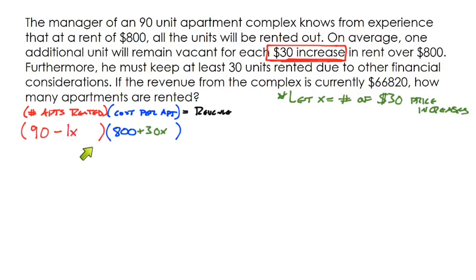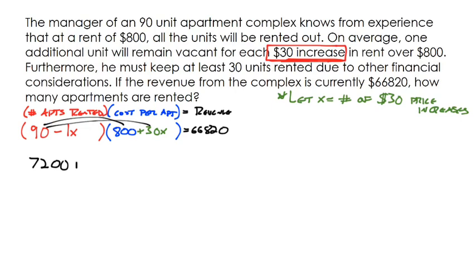If I multiply this times this, we're going to see in a minute it's a quadratic. What we're trying to do is solve this equation and find out how many are rented if we made this much money. So I'm just going to distribute. 90 times 800 is going to give us 72,000.